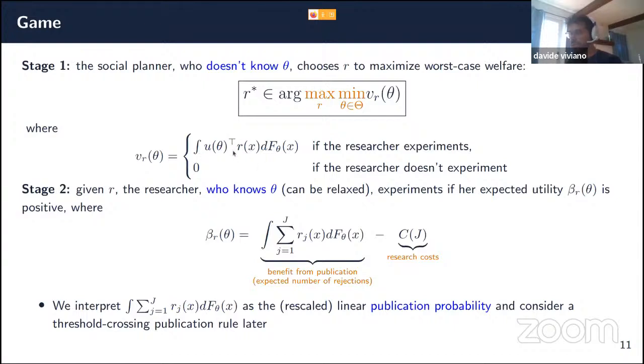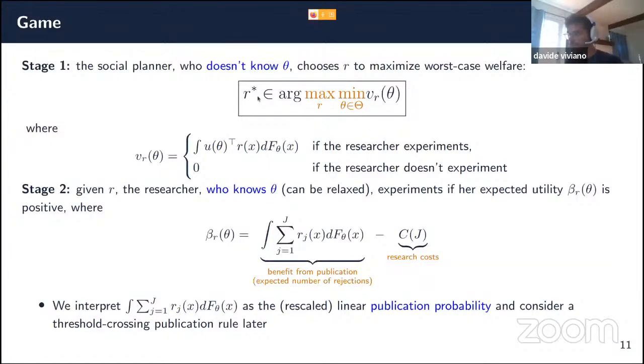And the average effect is given by this linear form, where U of theta is the identity function, and where we average over the distribution of the drawn sample, that is, of the sample that eventually the researcher will obtain by running the experiment. Now, we don't know theta, and this implies that we're going to look at the minimum over theta in the parameter space, capital Theta. Once we look at the minimum, we're going to choose the best policy, R, that is, we're going to maximize our utility.